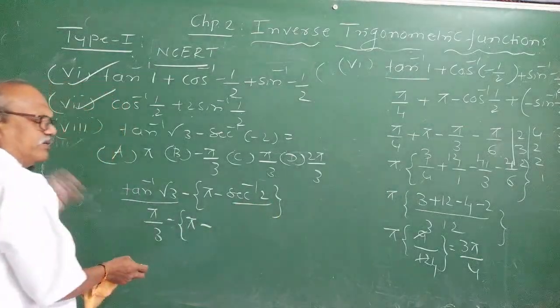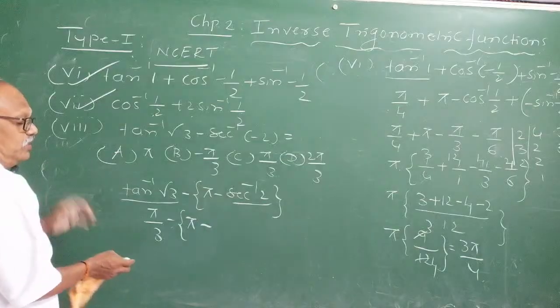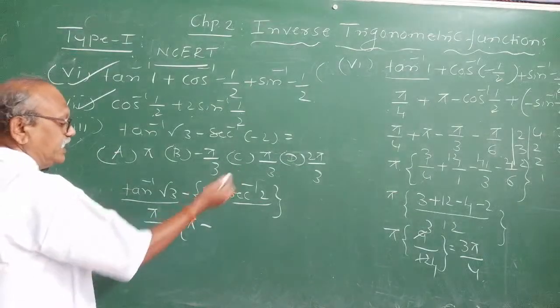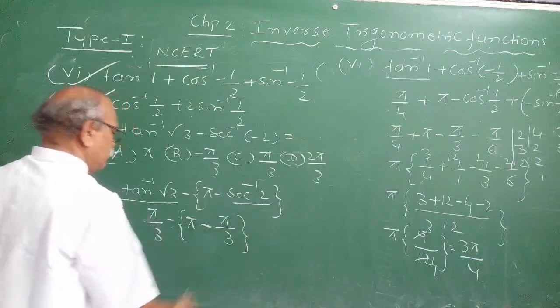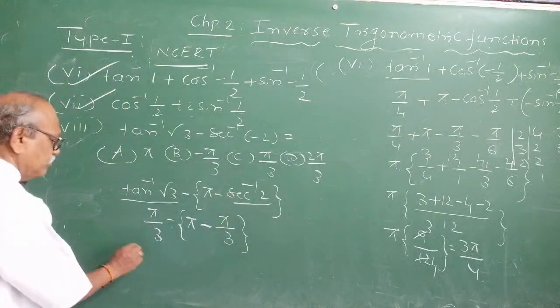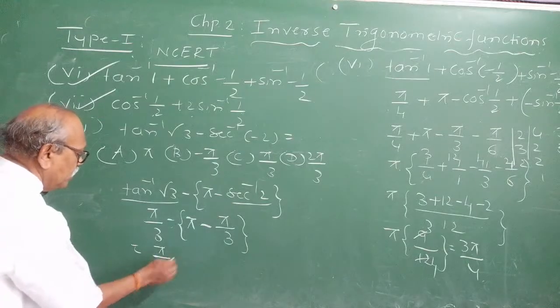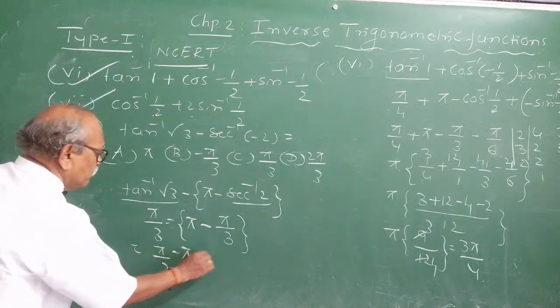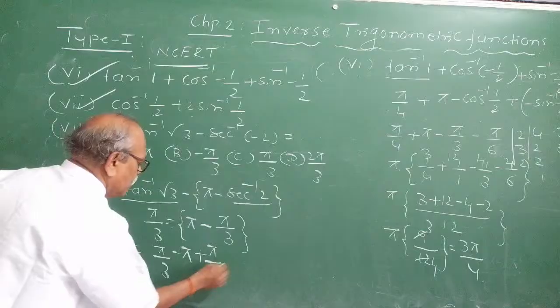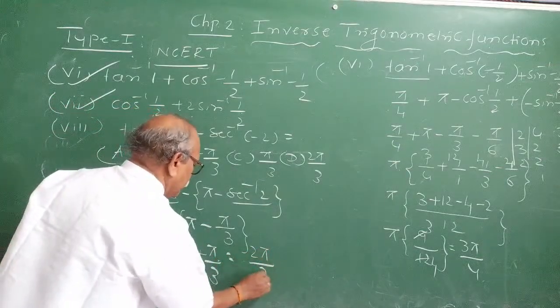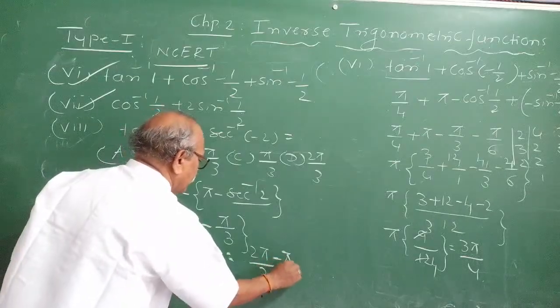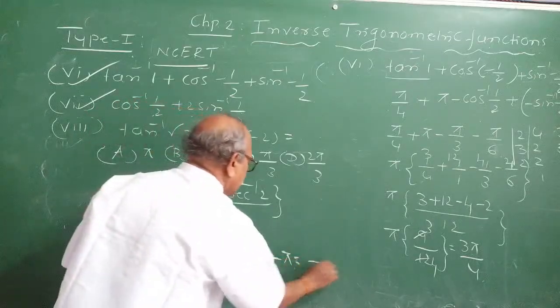For what angle of the sec do you get 2? 60 degrees, which can be written as pi by 3. You can simplify it as pi by 3 minus pi, minus into minus is plus pi by 3. This pi by 3 becomes 2 pi by 3, 2 pi by 3 minus pi. You can take LCM here, 3.